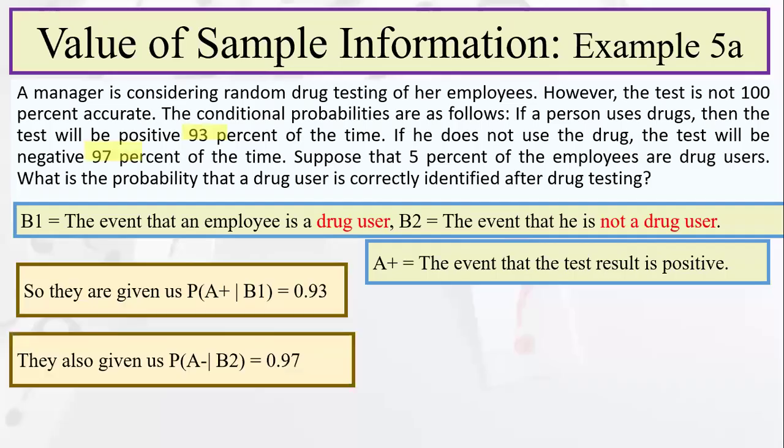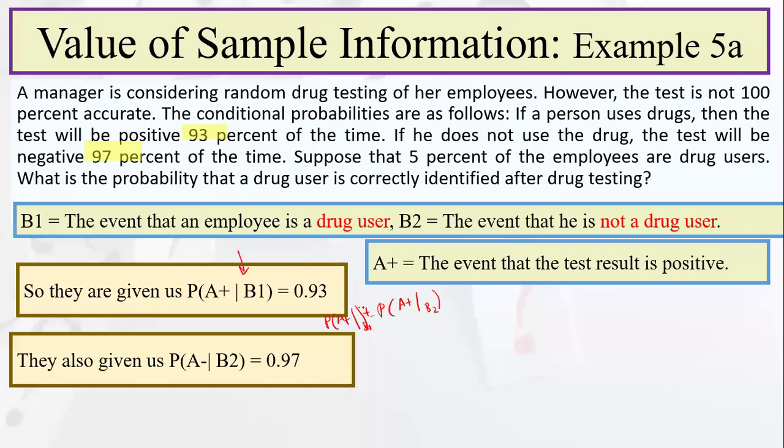For example, you know this right here. Look at it. Probability of A plus given B2, probability of A plus given B1, add them together should be 1 because you take all cases.